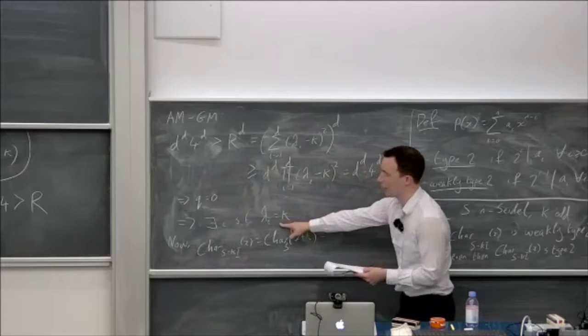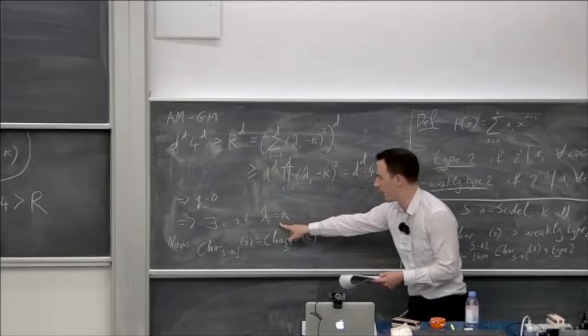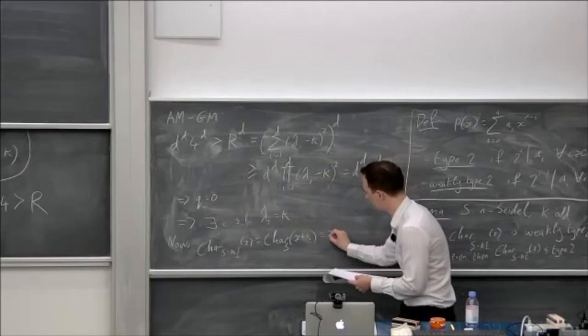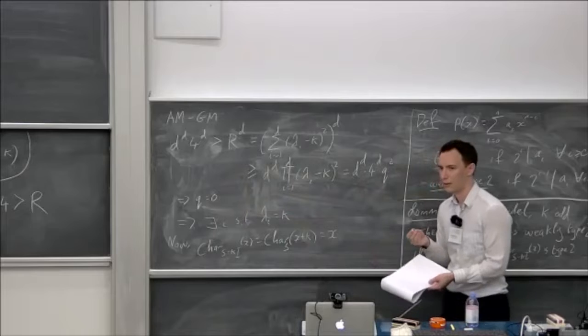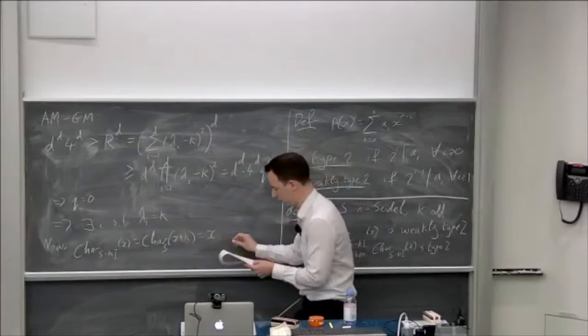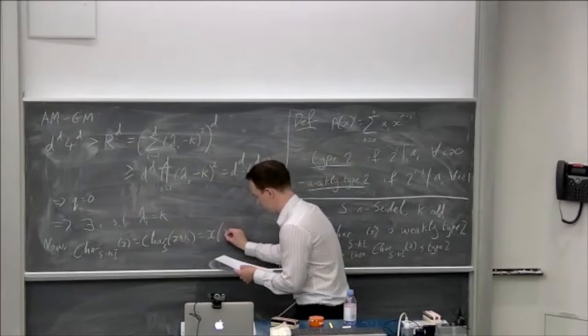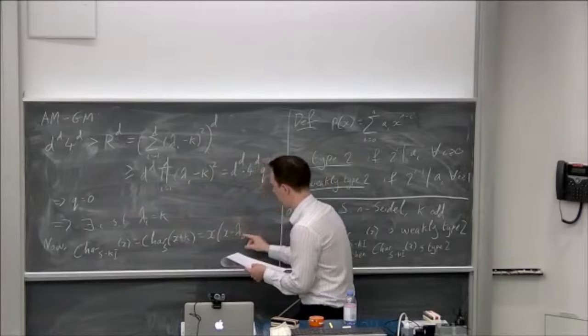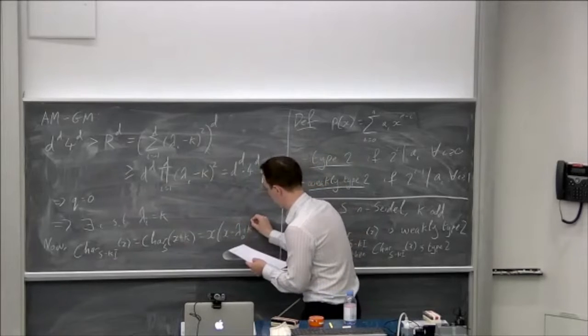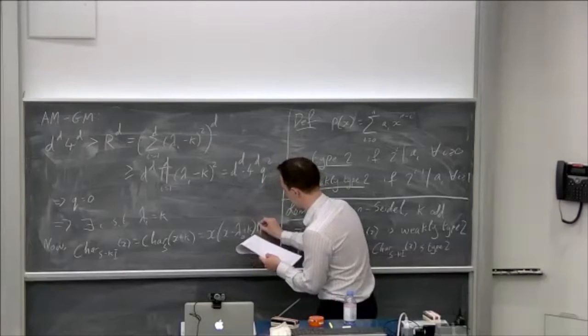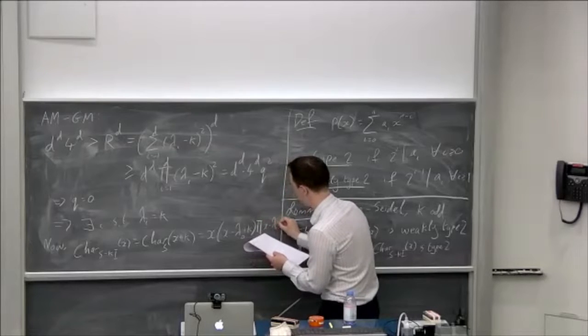And so this time we have a k eigenvalue, and so that will give us an x factor. So we'll have some x factor, then the factor coming from lambda 0, and then finally this product at the end, which is just the same, x minus lambda sub i plus k.